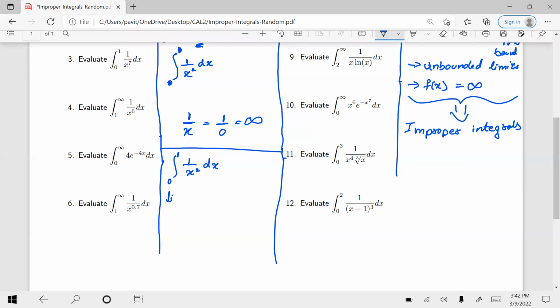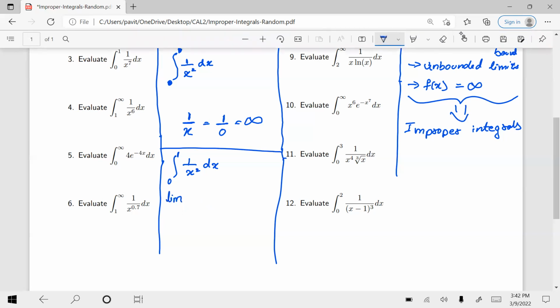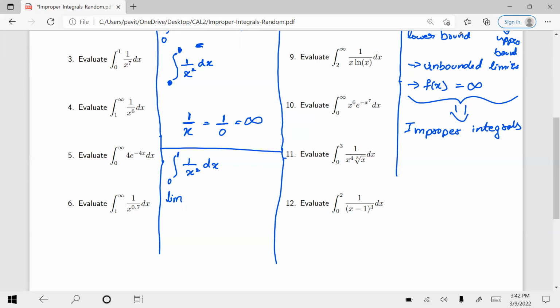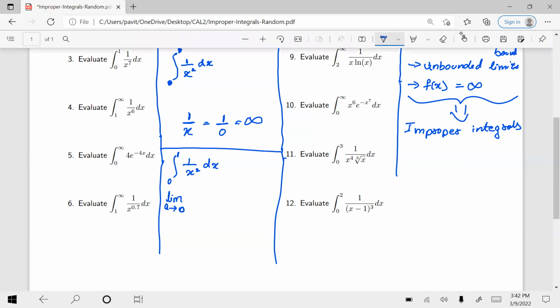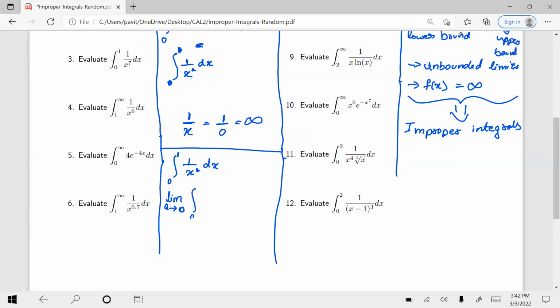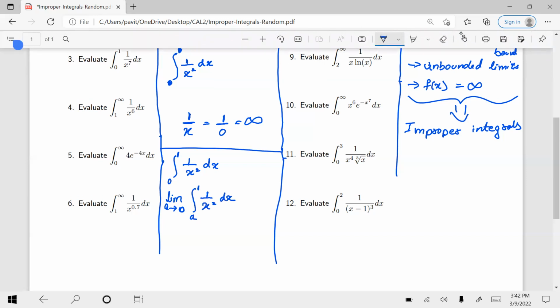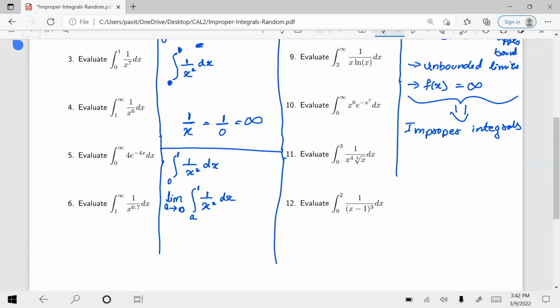So one approach is introducing the limit. So I am saying that there is some number a which is tending to 0, integral from that number to 1 over x squared into dx. Now when you solve this and use the limit, we get some finite number as answer.